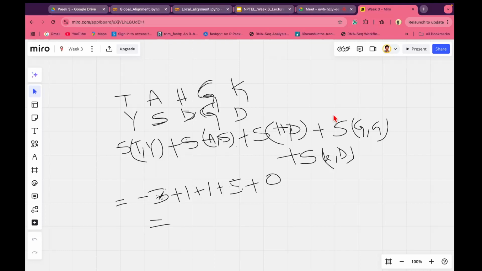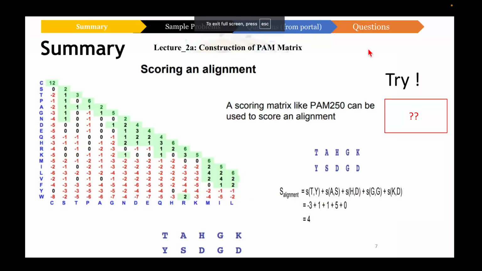So the overall score of the alignment is 4. This is only based on the PAM matrix given. This is how the alignment score is calculated using a PAM matrix.